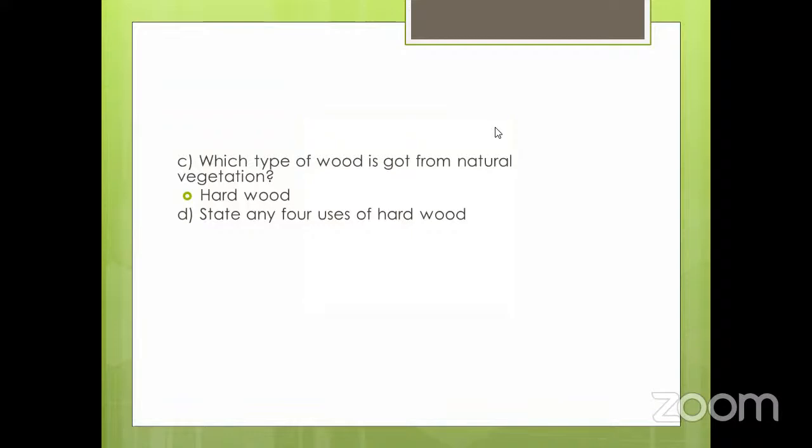Okay. So someone is saying hardwood is used for making furniture, which is right. Any other person?